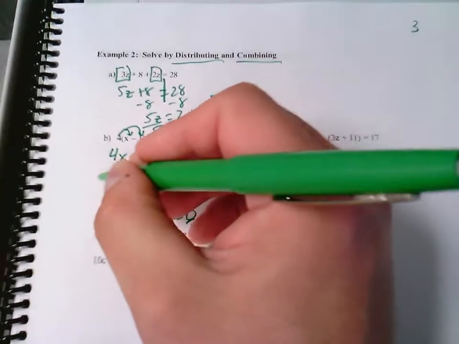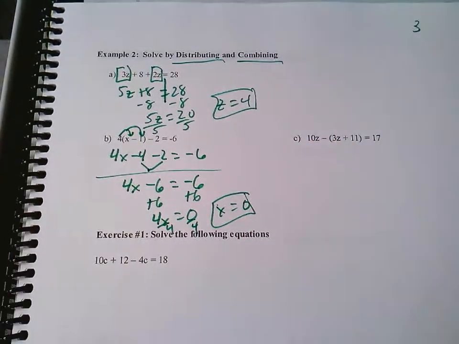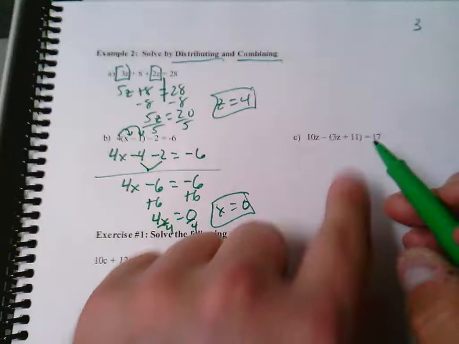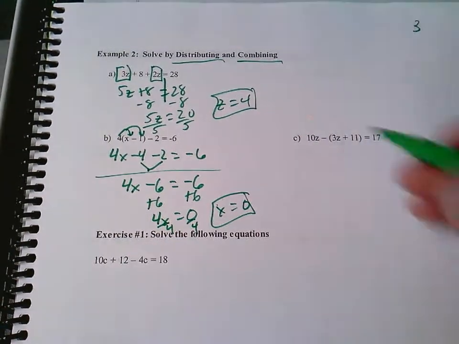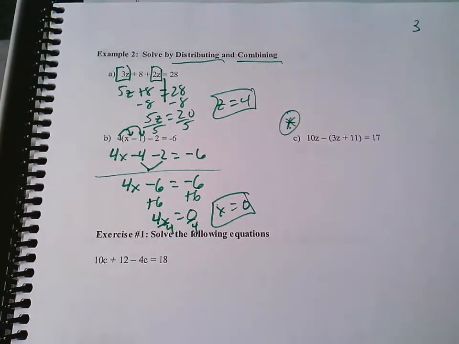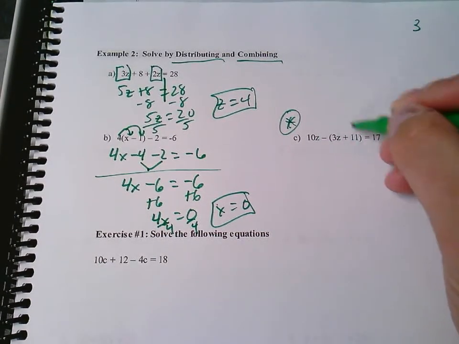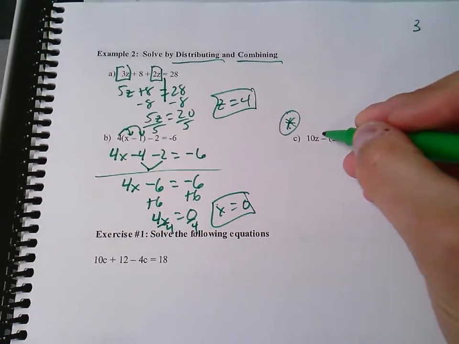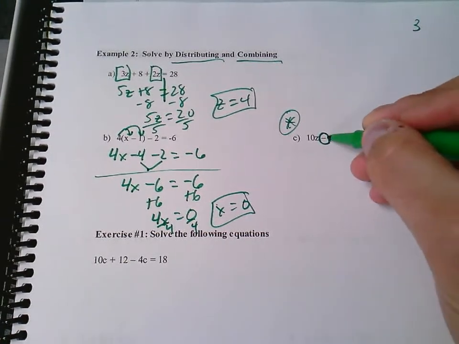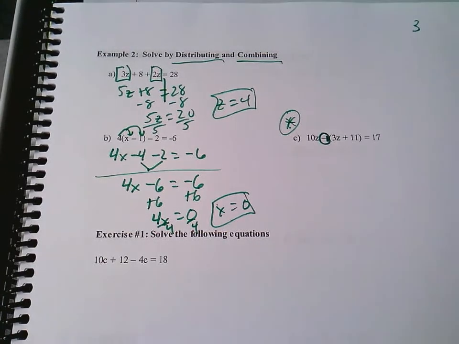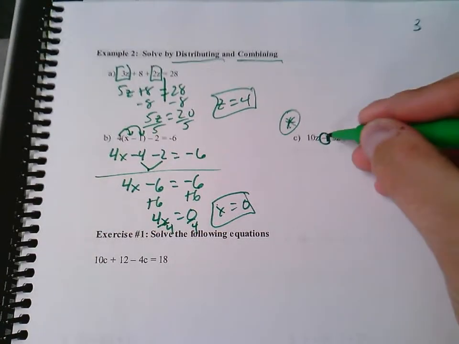Okay, but basically, from here down, it's no different than what we've been doing pretty much for the beginning of the year. All right, C. C is one that's very interesting, and it's a common one that students will mix up because the question is what gets distributed. So some students will take this 10z and try to distribute the 10z to both of this, but the problem is it's the minus sign. Okay, and if you want, you can even put a 1 there. And what gets distributed is the minus sign.